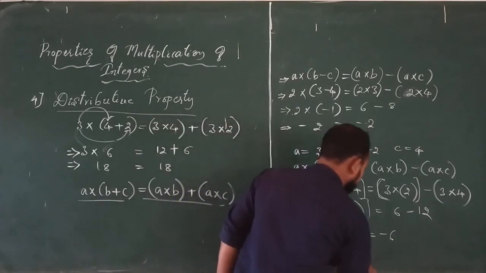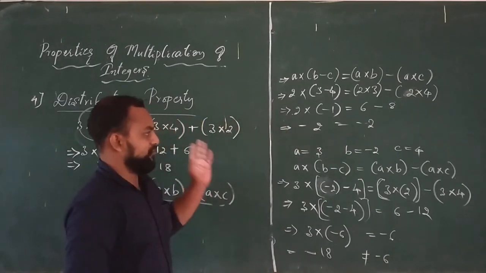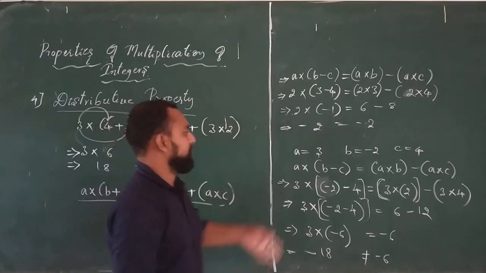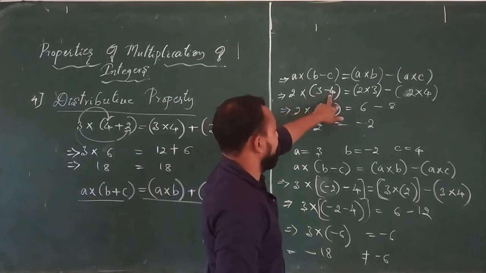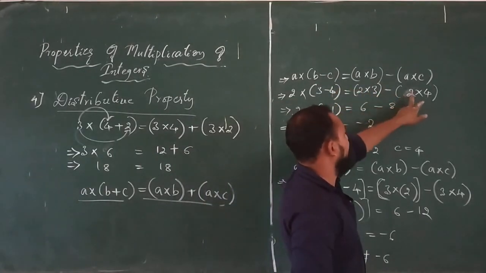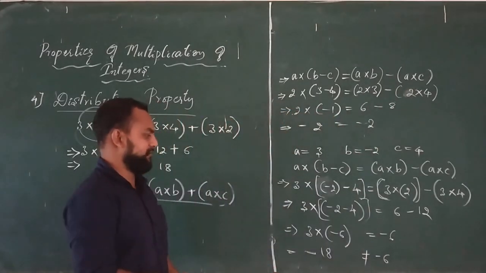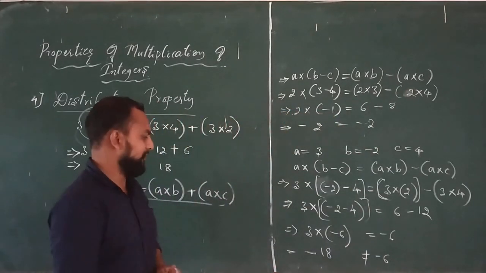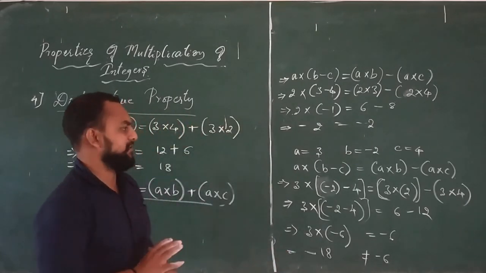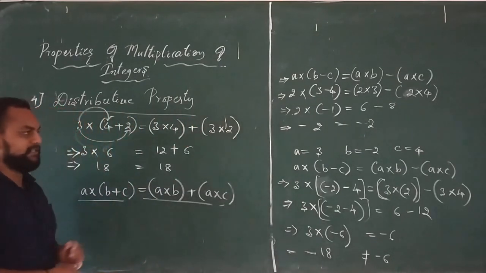The two sides are not equal, so it is not always satisfied. The conclusion is that the distributive property of multiplication is not satisfied over subtraction.